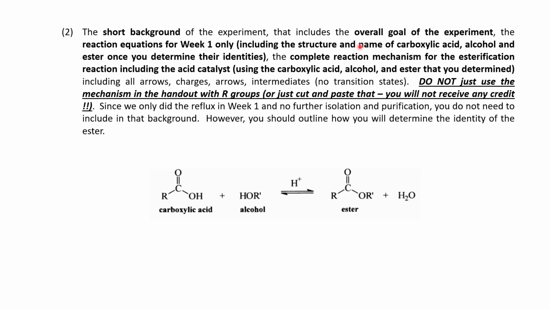So once you know what the name of the carboxylic acid and alcohol that you made, then you're going to write the complete reaction mechanism, and I'll show you that in a moment.